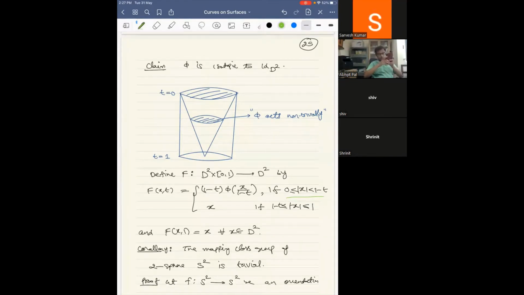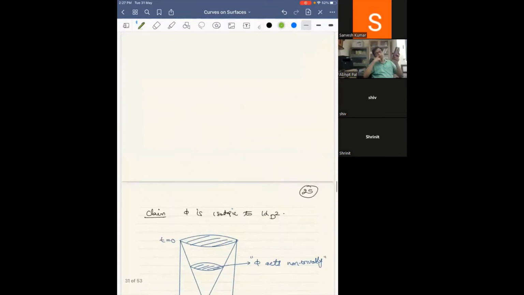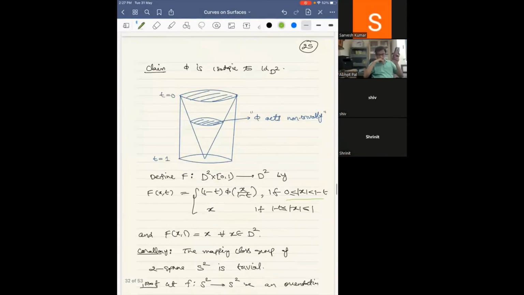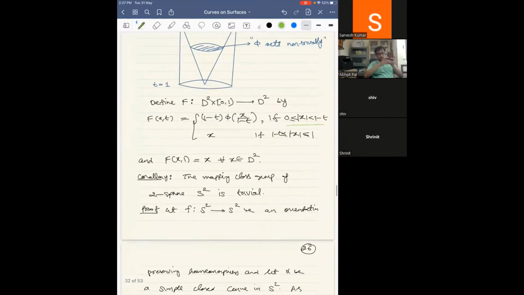And on the remaining part, it remains x. In this picture, this green portion in this strip remains like identity. So what you define here, f of x at 1, you just define equal to x.